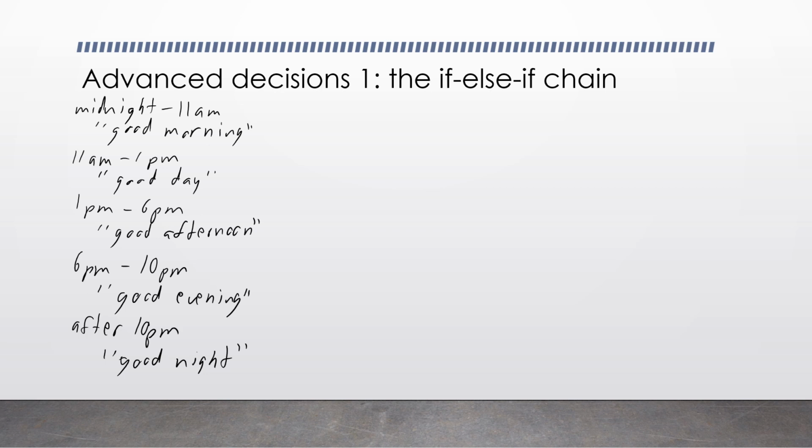We can use an if-else chain. If now time less than 11 a.m. Okay, obviously I can't use 11 a.m. as an input in C++, so I'll define 11 a.m. somehow as end of morning.